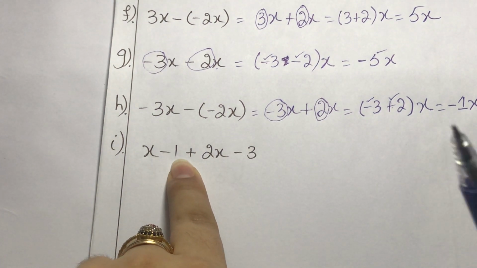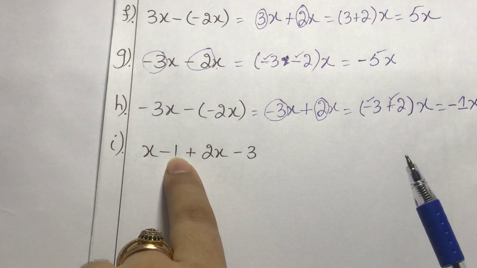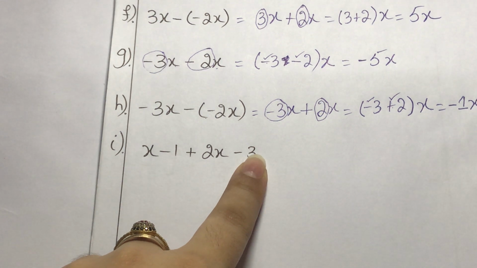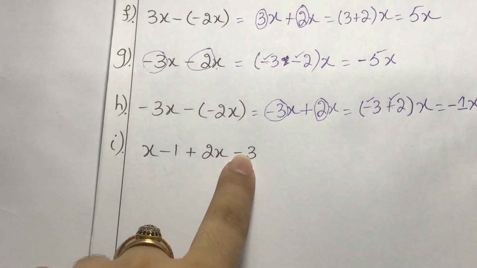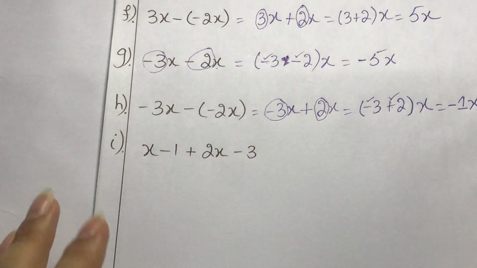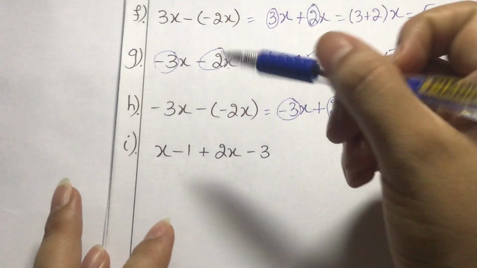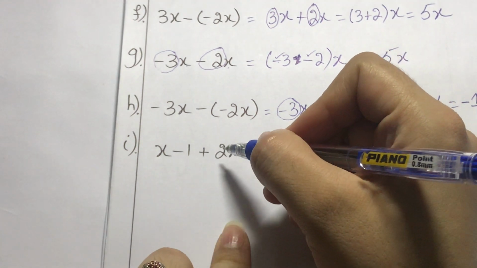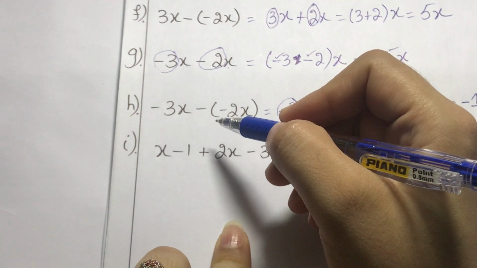We have learnt in our first lesson of algebra that the numbers 1, 2, 3, 4, 5, 6, 7, and so on, all these are called constants because they cannot change their values. To solve this example, what we have to do? First we have to identify our like terms.